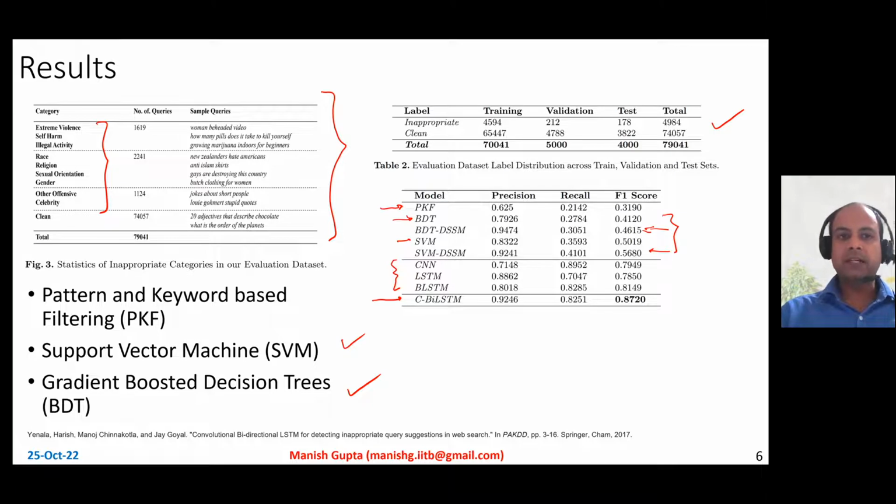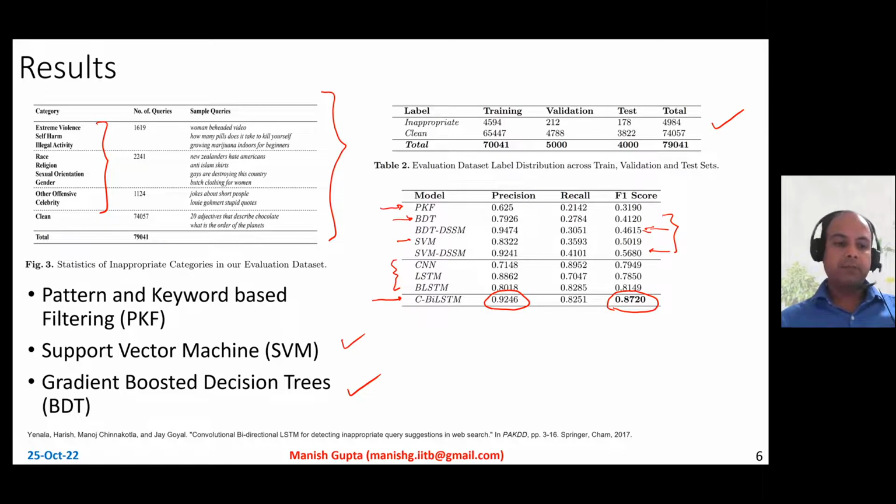They observed that across these classes they get a very good F1 score of about 87% with a precision of 92% in terms of predicting a suggestion as inappropriate or not. Okay? So that's the first method. And the idea is that if you can predict that some suggestions are inappropriate, you would delete them from your historical query logs and not include them as part of tries.